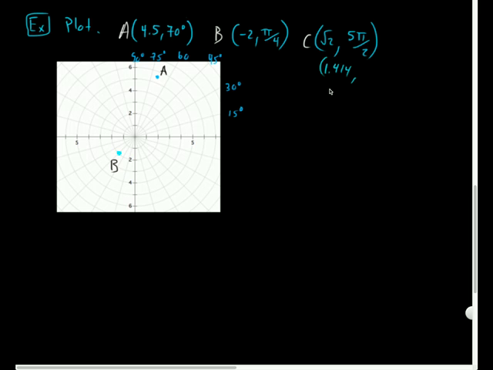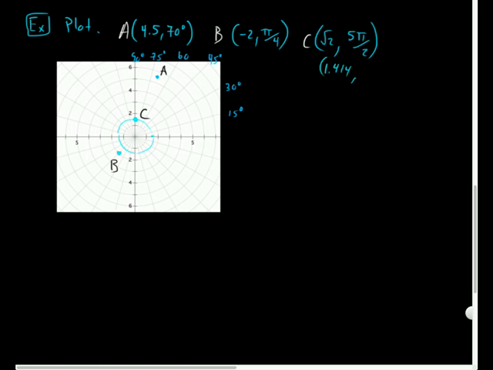And 5 pi over 2, well, I guess I could convert it, but 1.414 is probably around here-ish, and here's pi over 2, 2 pi over 2, 3 pi over 2, 4 pi over 2, and 5 pi over 2 would land me back up on the pi over 2 point right there. So pi over 2, or 90 degrees, is coterminal with that, is another way I could say it. And there's point C.